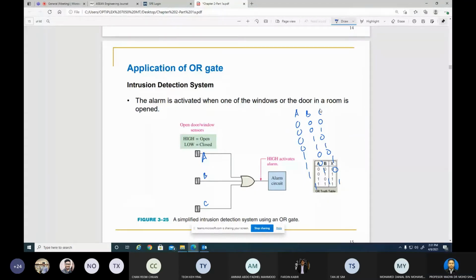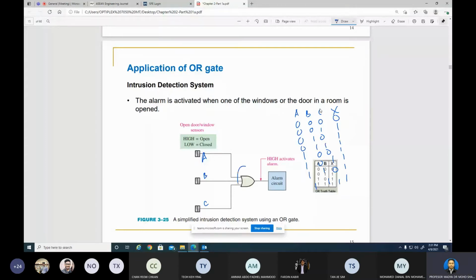The output is X. So if either one is active, the output will be 0, 1, 1, 1, 1, 1, 1, 1. So either one active, the alarm will be activated. Okay, there is some application where we can use the OR gate.